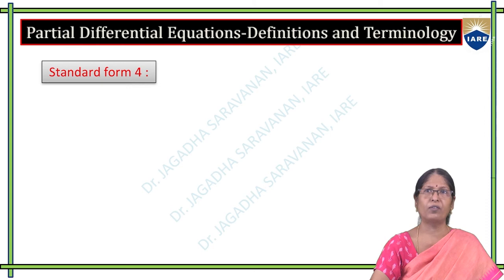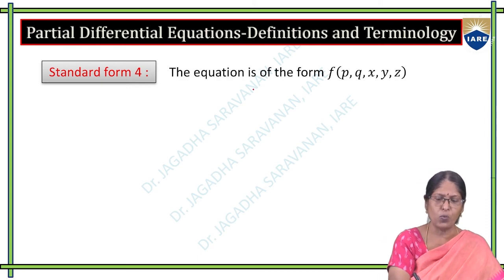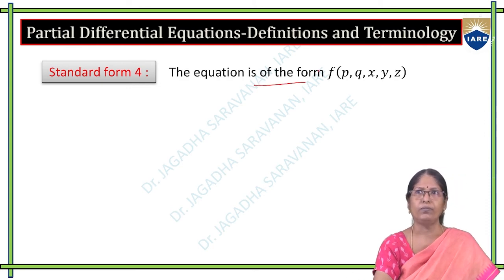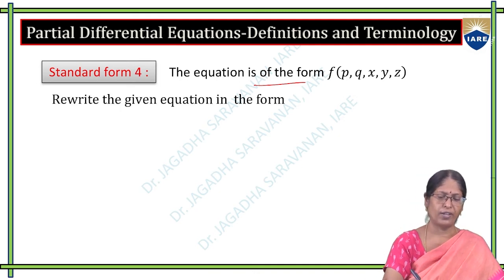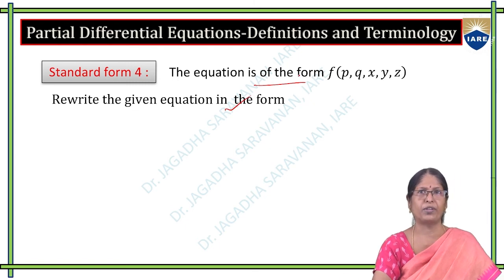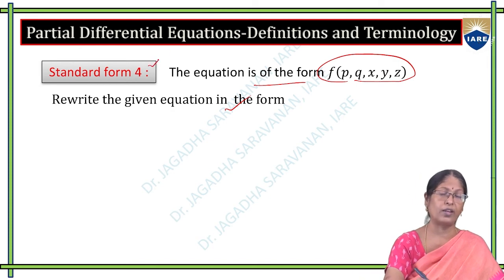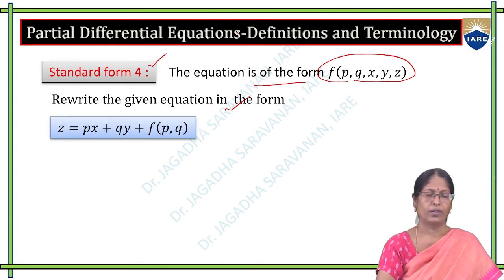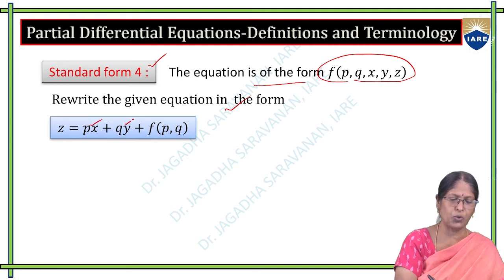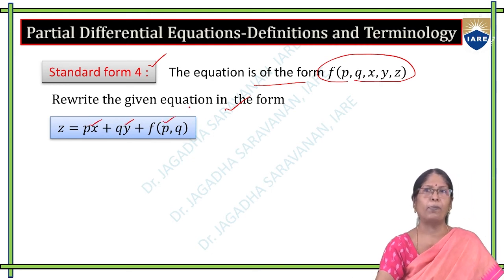Coming to standard form 4, the equation is in the form where all the variables p, q, x, y, z, all the 5, are playing a role. First, what is the step to be adopted? We will rewrite the equation, whatever is given, but it should have this defined form for standard form 4: z equals px plus qy plus f of p and q.